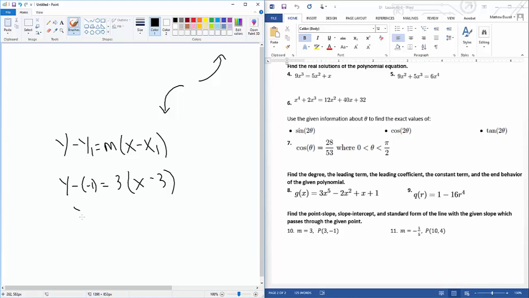Now I simplify this. So that right there, that's our point slope. Now you get y by itself, that's your slope intercept. You get x and y on the same side, then it's in standard form. But remember, in standard form they all have to be integers, so if you have any fractions, you have to multiply to get rid of the fraction, and then your x part has to be positive.